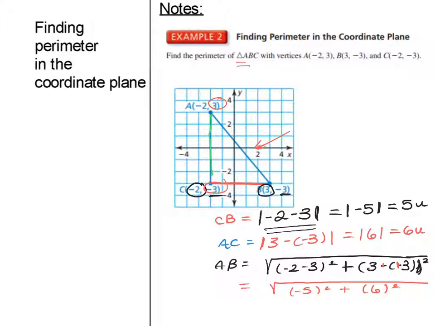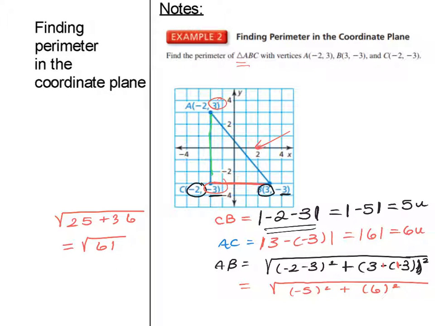You with me so far? And then I'm looking at this, 25 plus 36, which is what? 61. That should be right.